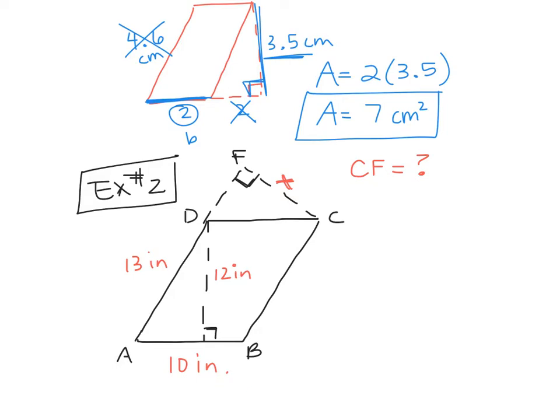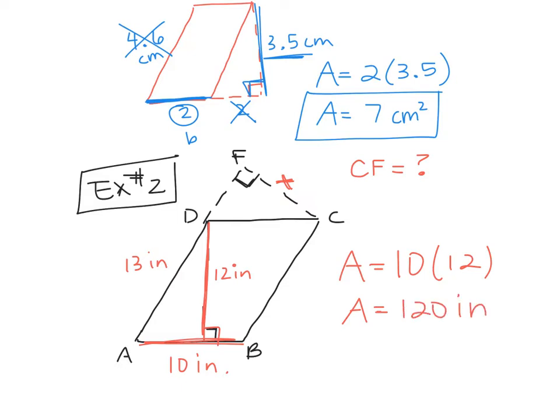So if I find the area, I'm gonna do base 10 times height, notice it's perpendicular, 12. Okay, so I know the area of that parallelogram is 120 square inches. Okay, if I use a different base and height, does my area change? No, it's still the same area of the figure, right?